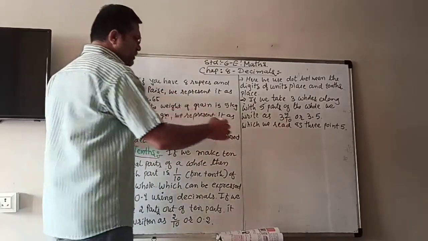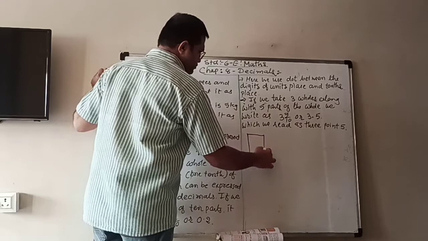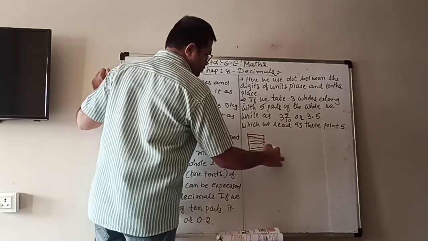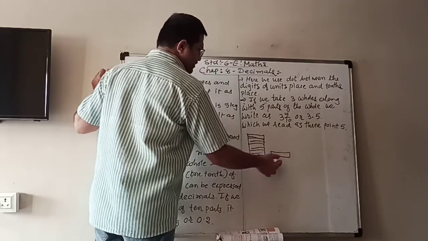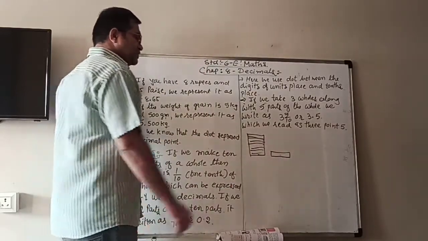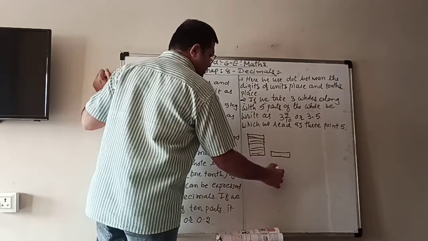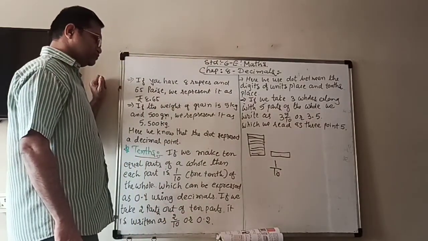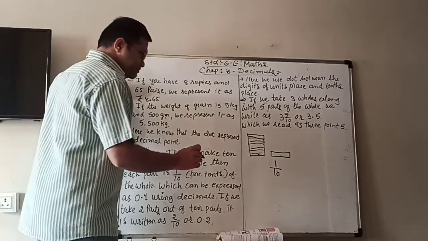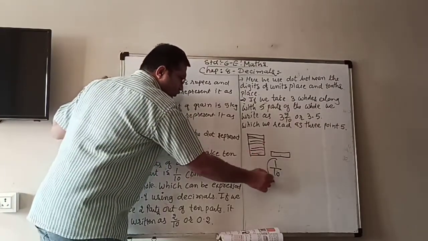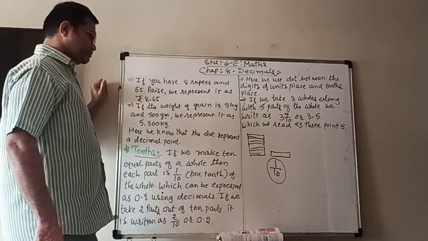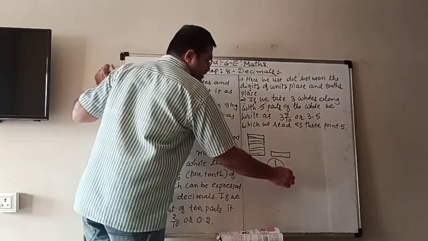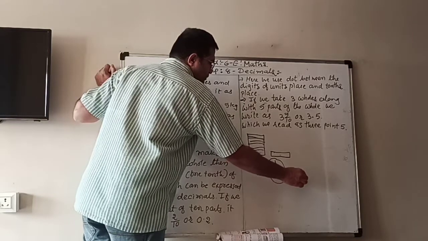Suppose this is a block which is made up of 10 parts. So we take 10 parts and out of that we take one part. So here each part represents 1/10, and 1/10 is expressed as 0.1.